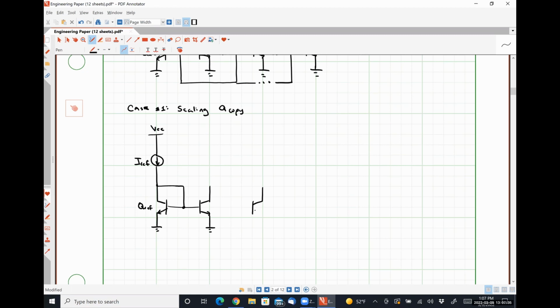And we make multiple copy transistors. So let's call this Q1, Q2, and all the way out here, Q sub n.